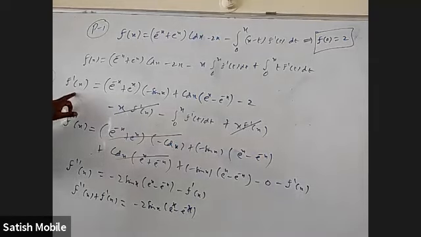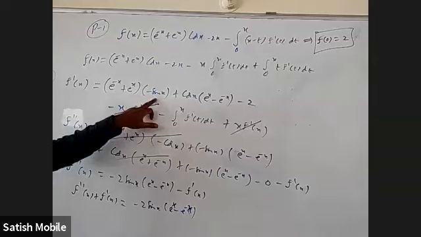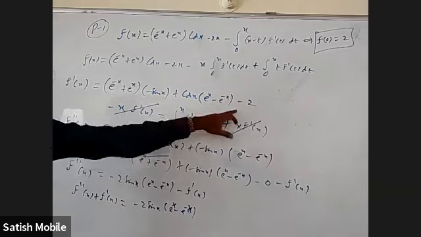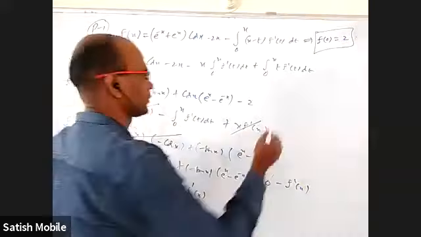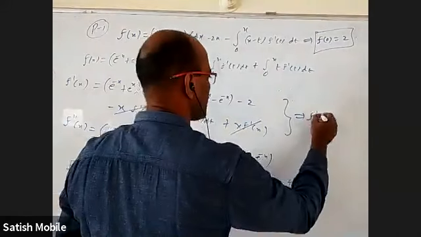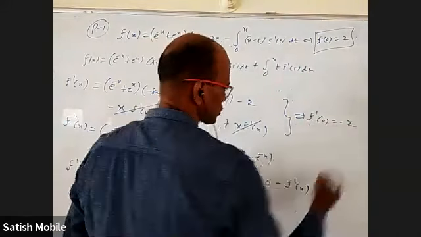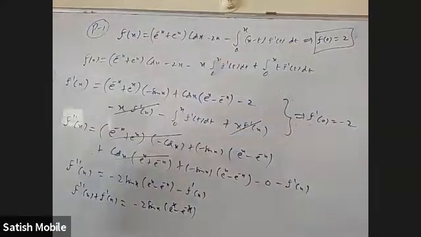What about if I put 0 here? This is 0, this is 0, this is also 0, I'll get -2. I should also write that. Here I'll get f'(0) equal to -2. Other than 0, I cannot put any other number because 0 to something I cannot find unless it is 0.